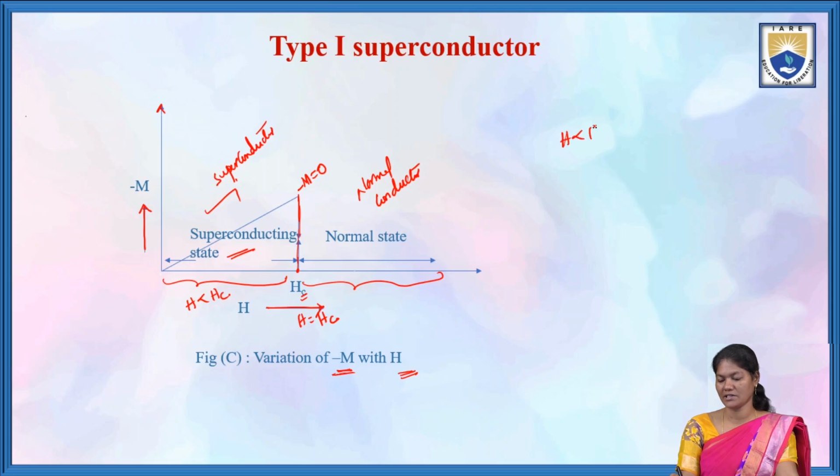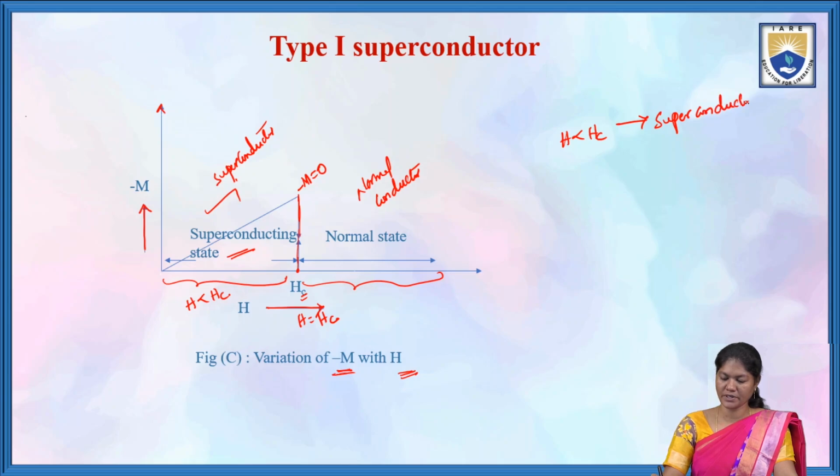Where H is less than HC, it is in the superconducting state. Where H is greater than or equal to HC, it is in the normal conducting state.